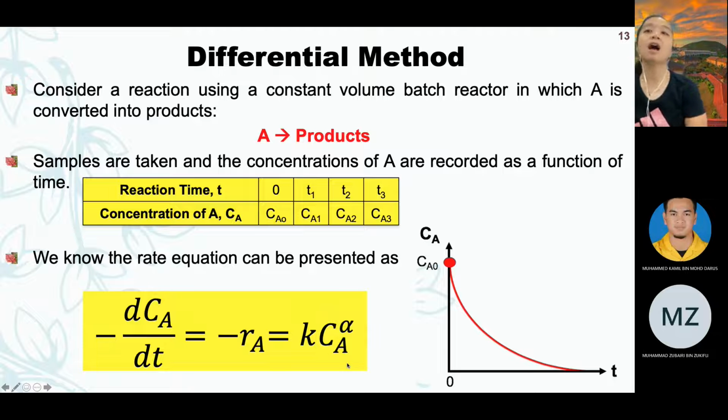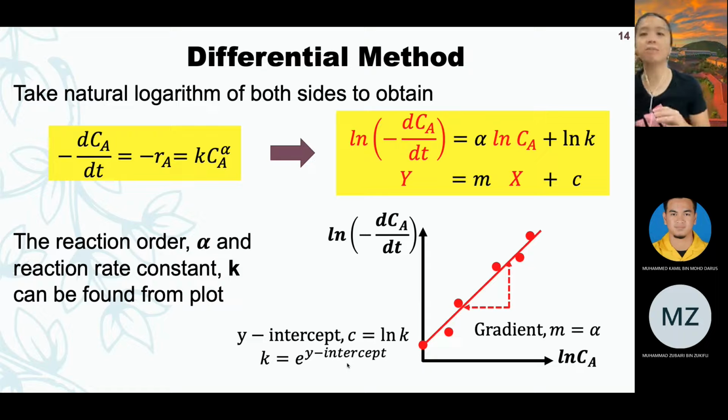K I want to find, alpha I want to find. Okay, so now dah ada correlation dia. Tetapi still the same problem macam tadi half-life method. In order for us to find these two value, you have to again find a linear form of the equation.